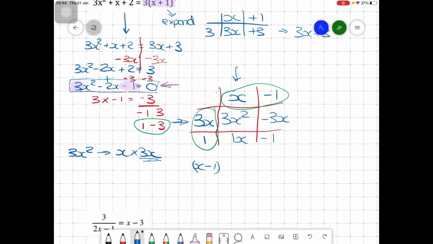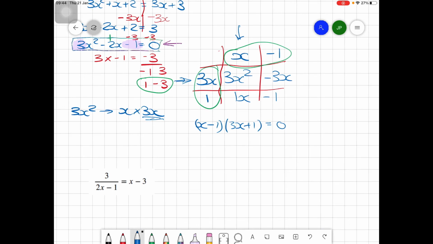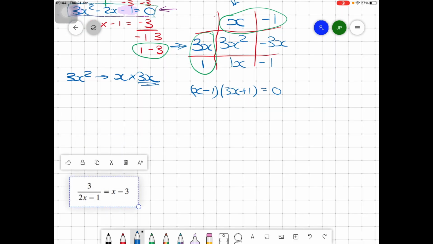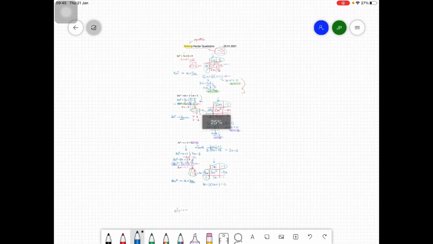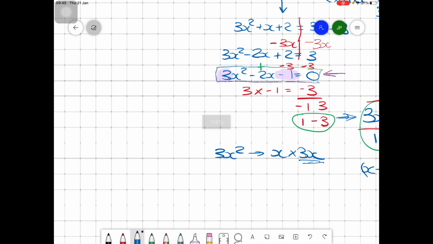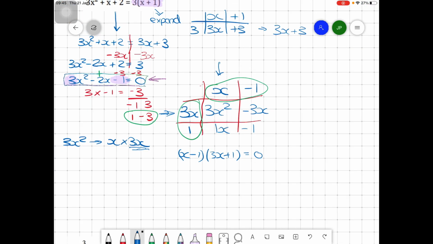x minus 1, 3x plus 1 equals 0. Just got to finish it off now. All we need to do is set both brackets equal to 0. So we can have x minus 1 equals 0, and we can have 3x plus 1 equals 0.